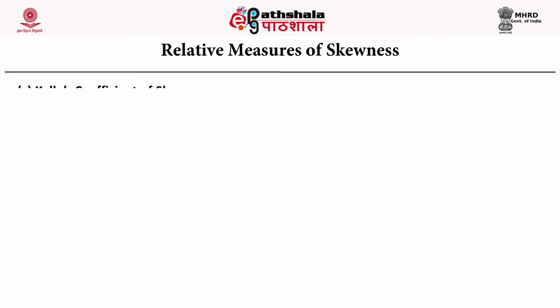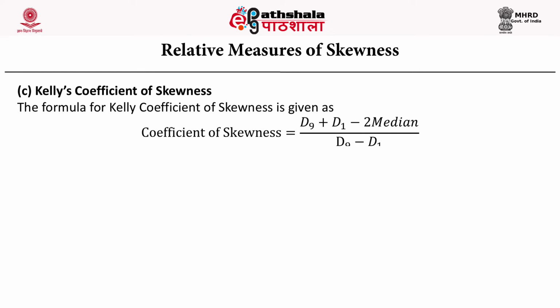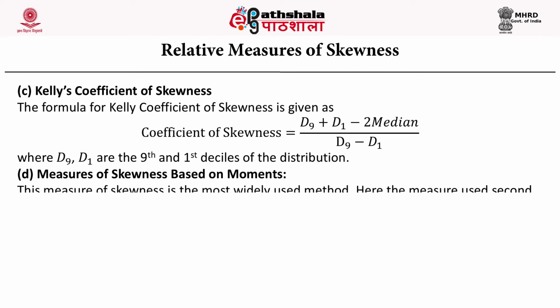And the third relative measure of skewness is Cayley's coefficient of skewness. The formula for Cayley's coefficient of skewness is D9 plus D1 minus 2 times median divided by D9 minus D1, where D9 and D1 are the ninth and first decile of the distribution.